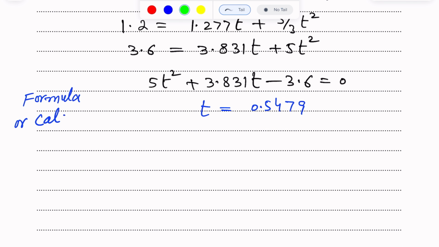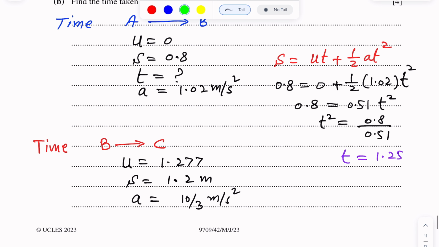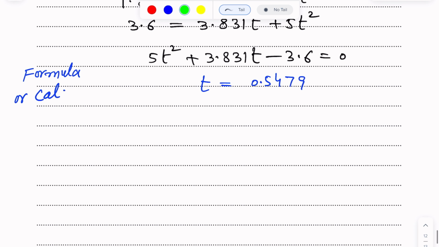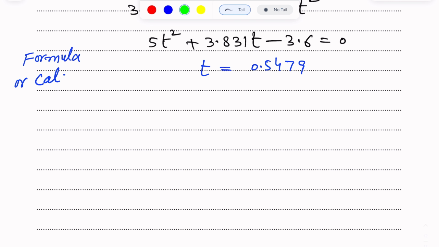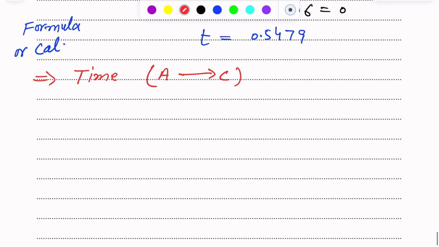So time from A to C. This is the time from B to C, and this time is from A to B. So time from A point to C will be 1.25 plus 0.5479.